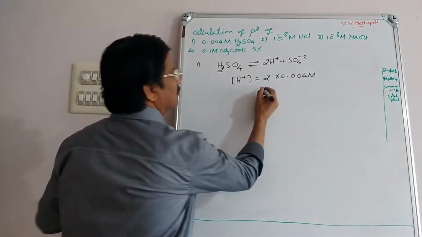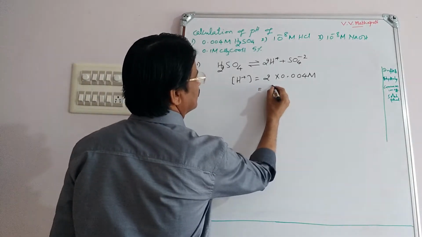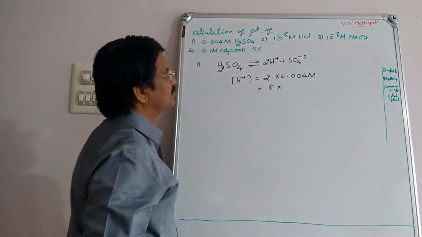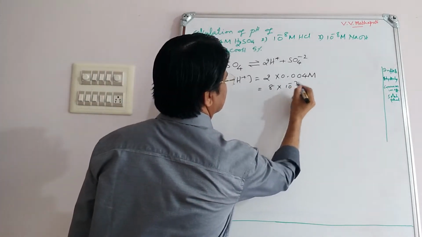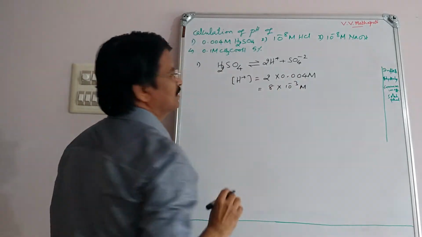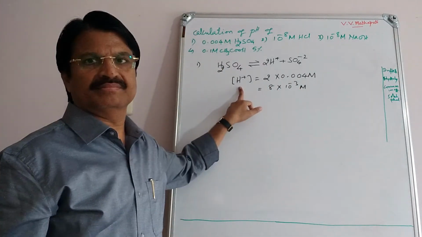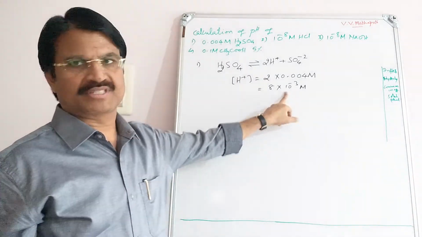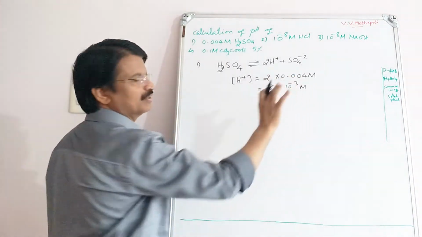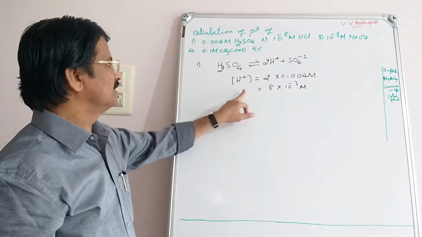This value is found to be 8 into 10 to the power minus 3, because usually we write hydrogen ion concentration in powers of 10. So this is H plus.